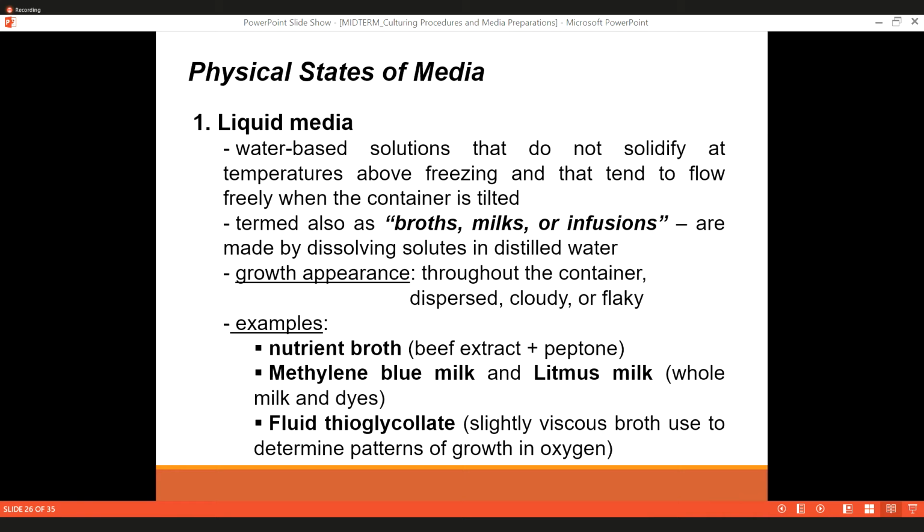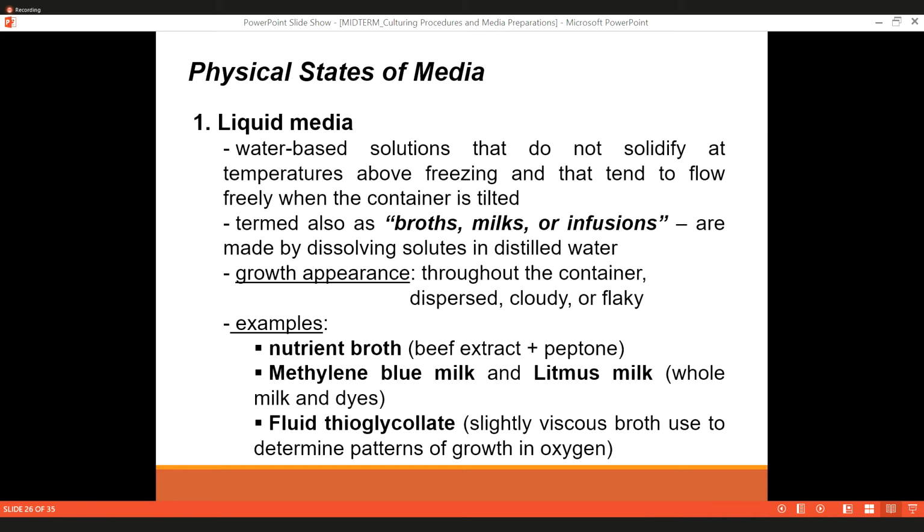Liquid media is considered to be a water-based solution that does not solidify at temperatures above freezing and tends to flow freely, of course, from the name itself, liquid. This liquid media is also termed as broths, milks, or infusions. Their appearance is dispersed throughout the container, cloudy, or flaky.